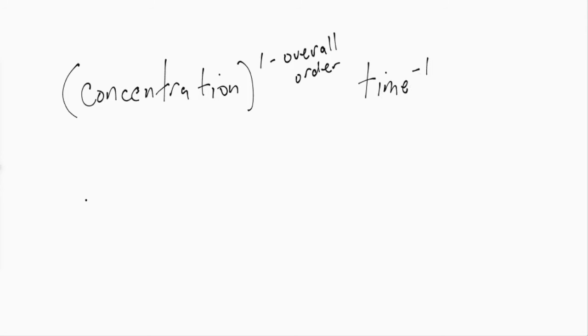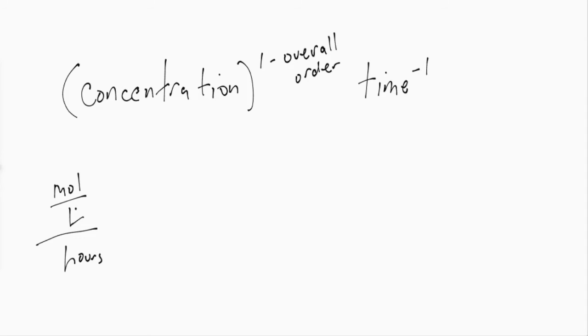And I think about this because if you really think about what is rate, it's the change in concentration over time, or the change in moles per liter over time. Let's just say time, I believe in this case, was in hours. So we'll say hours.